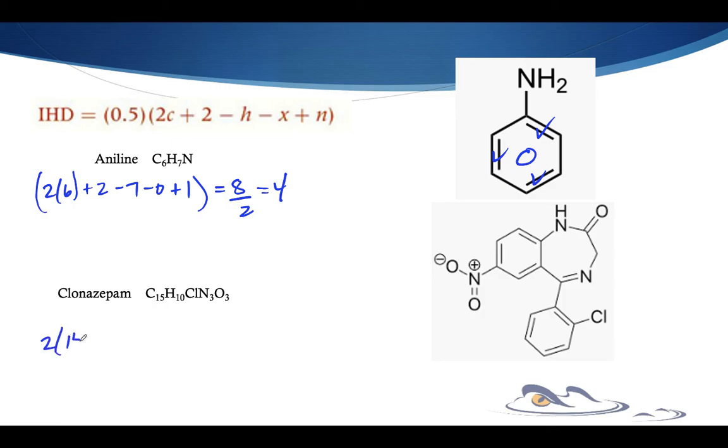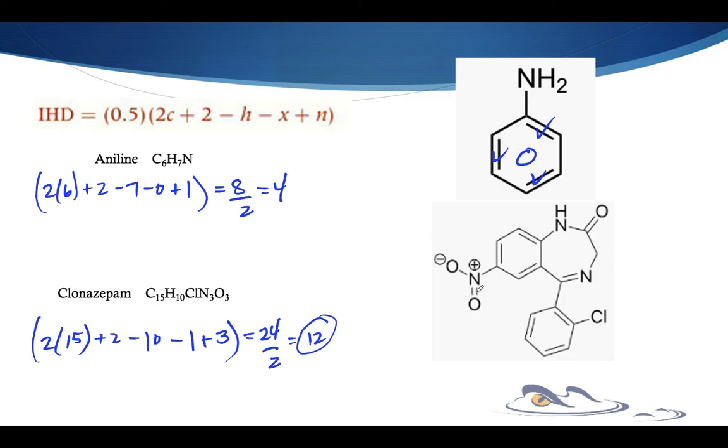2 times 15 plus 2 minus 10, minus 1 for the chlorine, and plus 3 for the nitrogen. Did you catch all those? 32, 22, 21, 22, 23, 24. So I got 24 divided by 2, that's 12. 12 degrees of unsaturation.